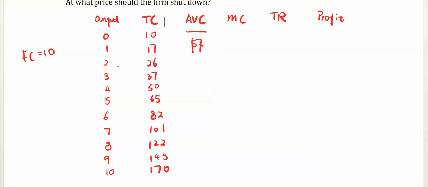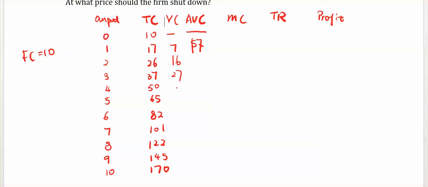And when we have 2 output and the total cost is 26, so the variable cost equal to, let's add one more column.